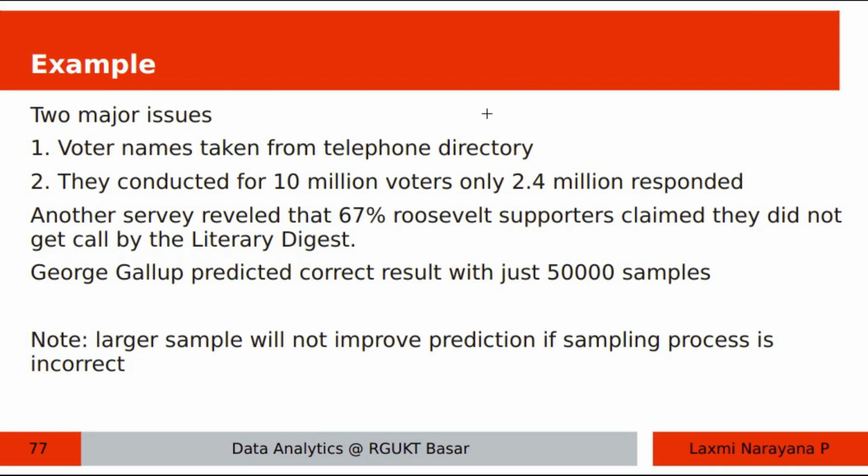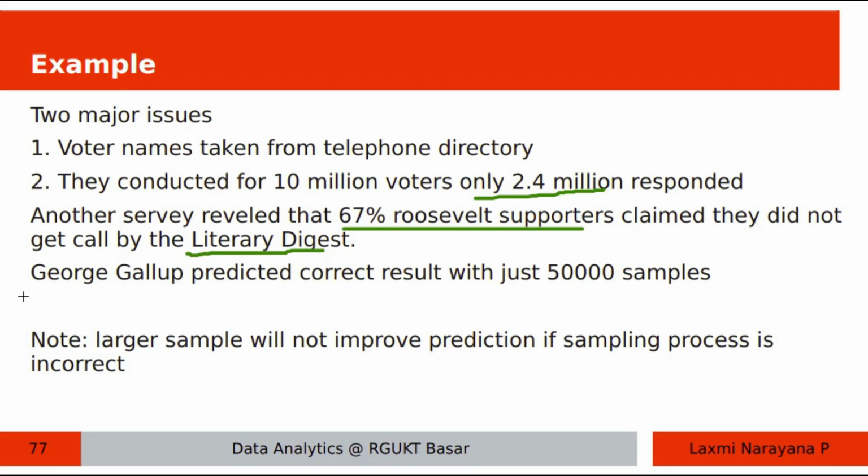They selected middle class and upper middle class voters since telephone ownership was rare in 1936. They contacted close to 10 million voters. However, only 2.5 million responded. Another survey revealed that 67% of Roosevelt supporters claimed they did not get called by the Literary Digest.